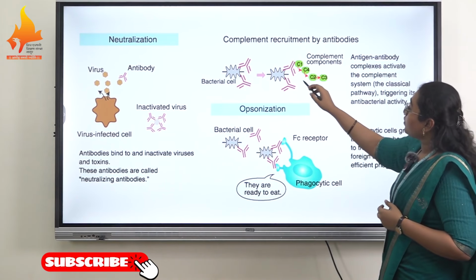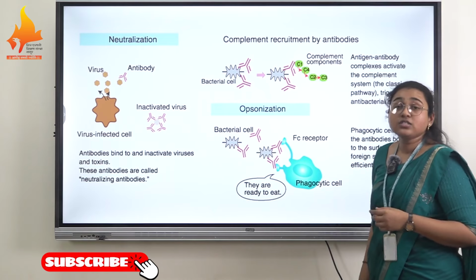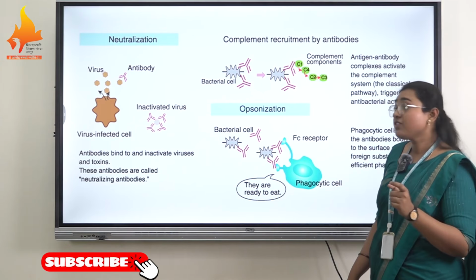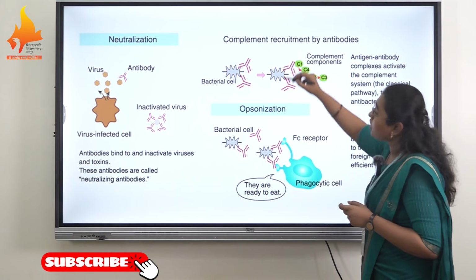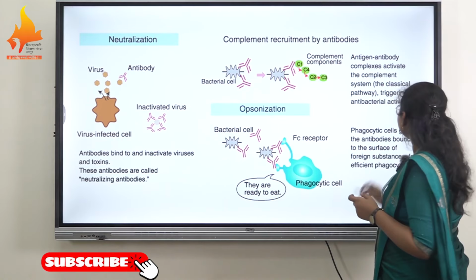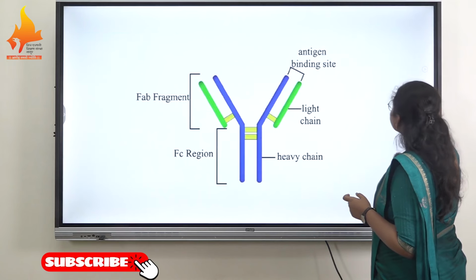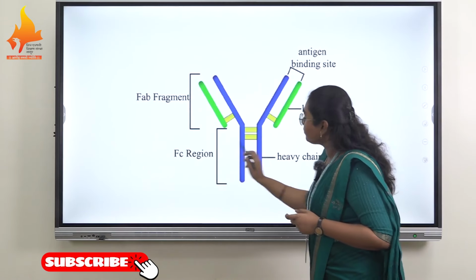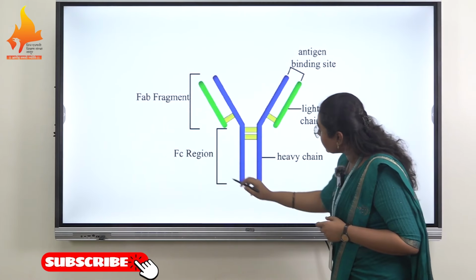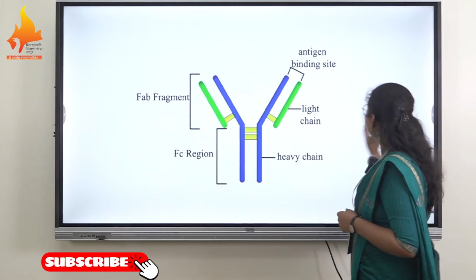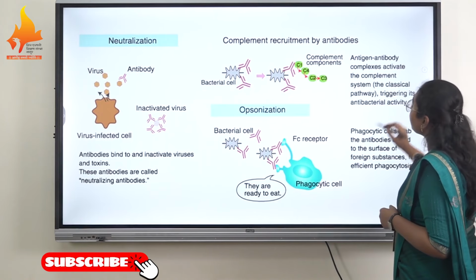These complement proteins attach to the antigen antibody complex, specifically at the Fc region, the constant fragment of your antibody.